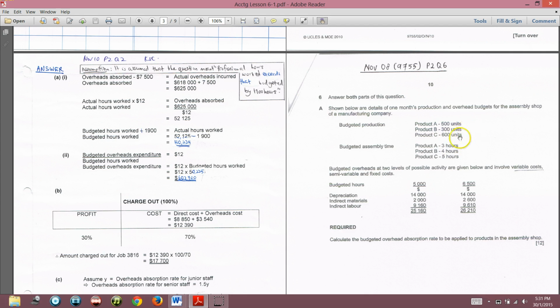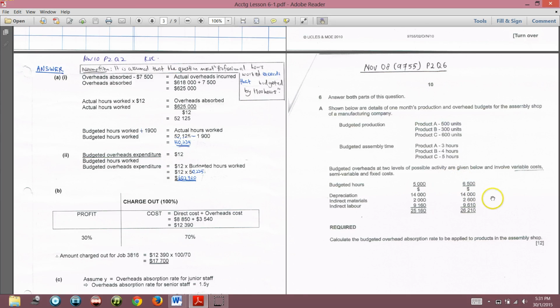They have given here budgeted assembly time. We don't know whether this is human hours or machine hours, but we know it's budgeted hours. So don't worry, just use budgeted hours because it's given here.